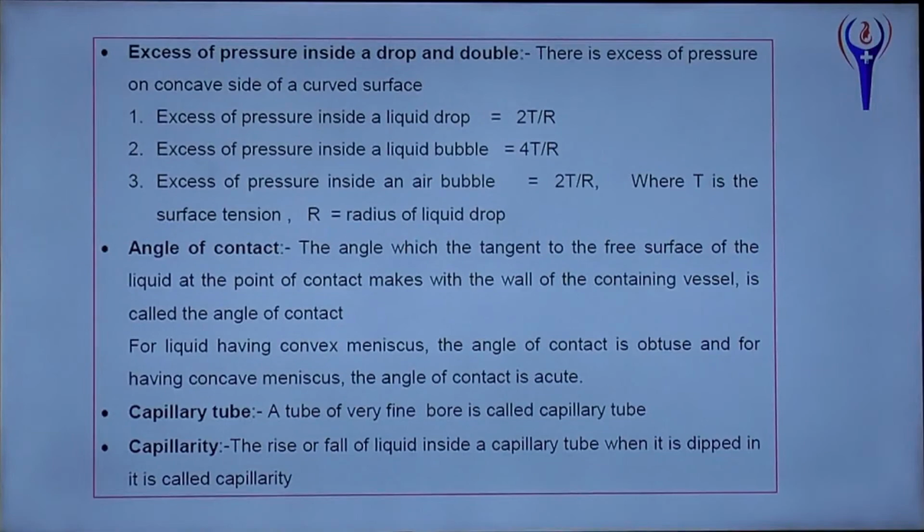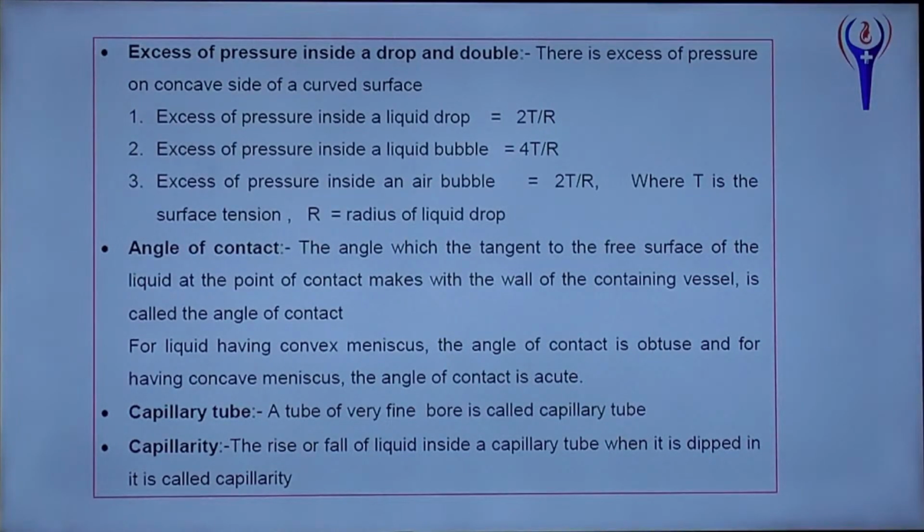And this only we said: the angle of contact is obtuse for a convex meniscus, and for a concave meniscus it is acute. And a capillary tube: a tube of very fine bore is called a capillary tube. It is made of glass only, having a very fine bore. That picture I will show.